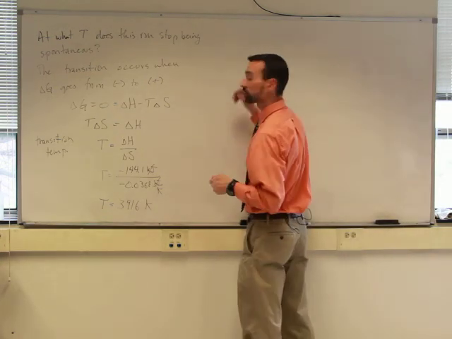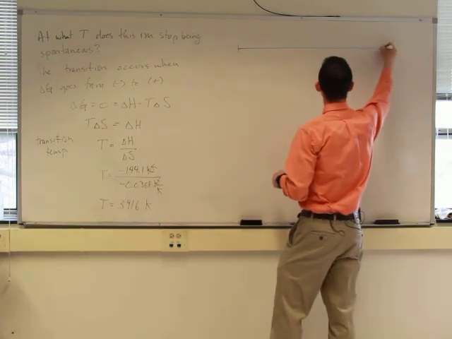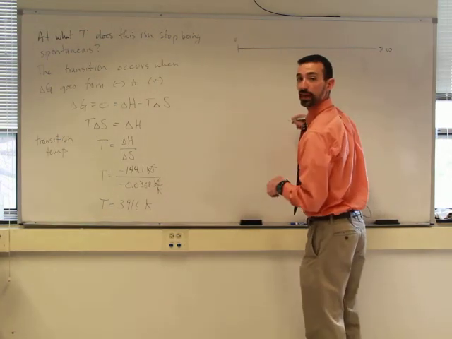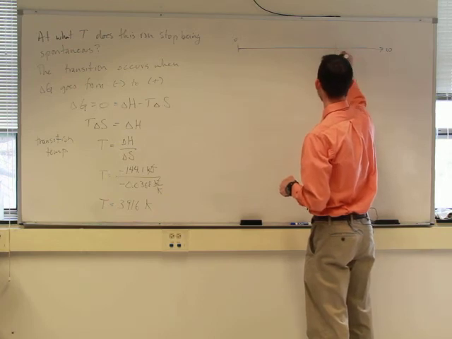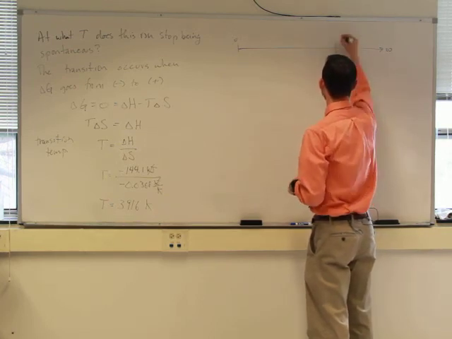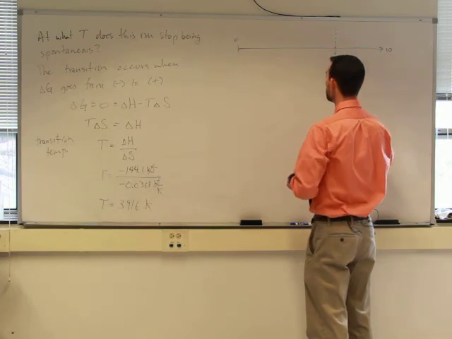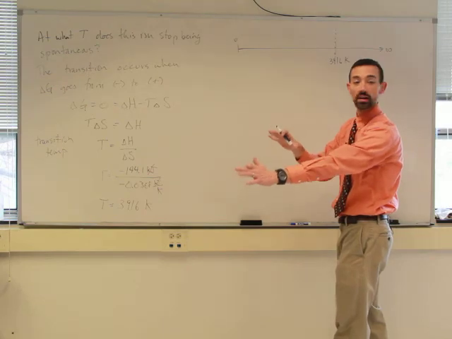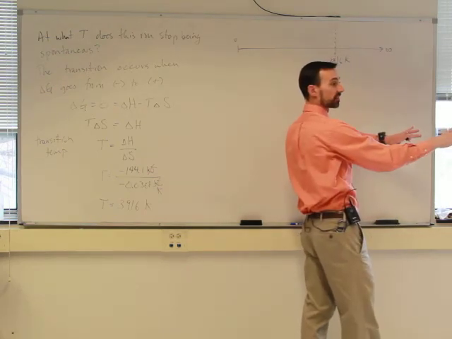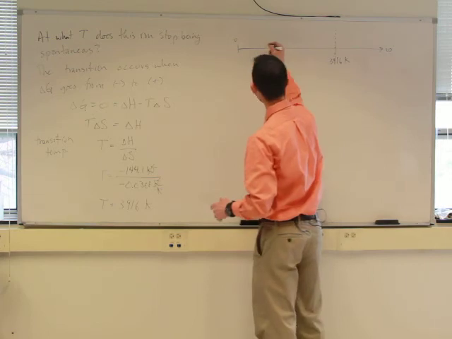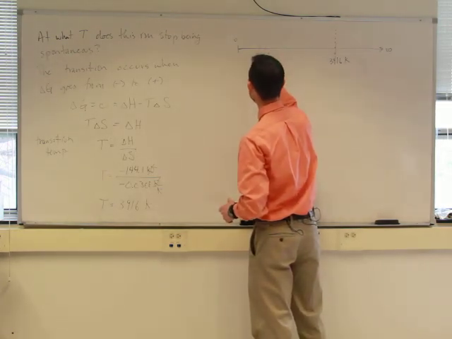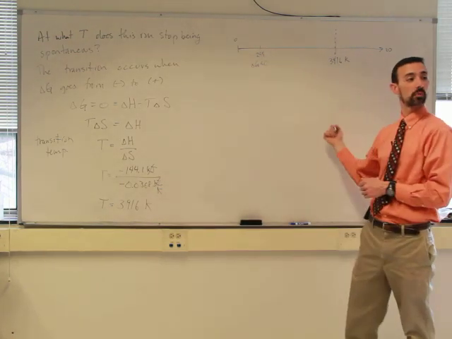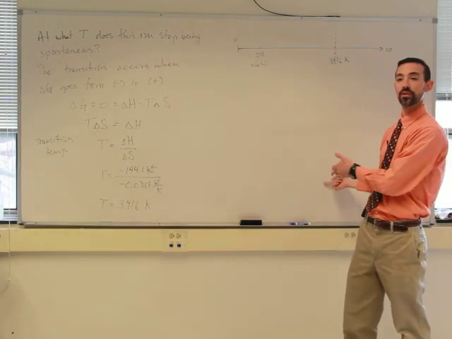So I want you to think of temperature as a number line, from 0 to infinity. This 3,916 that we just found is like a dividing line. This reaction on one side has one behavior, and on the other side of this line has a different behavior. Now we already know that way down here at 298, delta G was negative, because we had already calculated the negative 133.